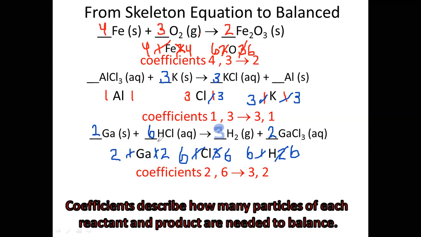That means 6 only belongs to HCl. We put the coefficient 3 in front of H2. 3 only belongs to H2. We put the coefficient 2 in front of GaCl3. 2 only belongs to GaCl3. We put the coefficient 2 in front of Ga. That 2 only belongs to Ga. So it becomes a multiplier only for the reactant or the product that it belongs to.